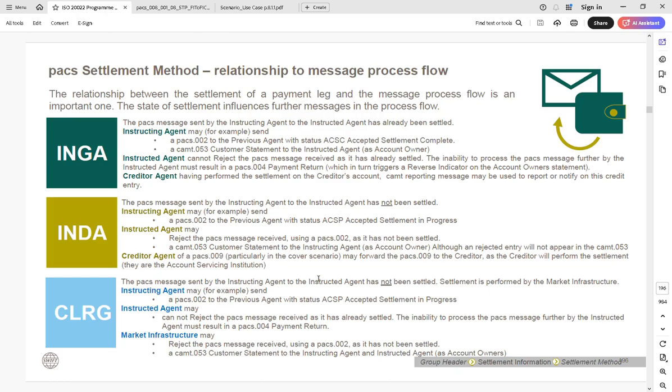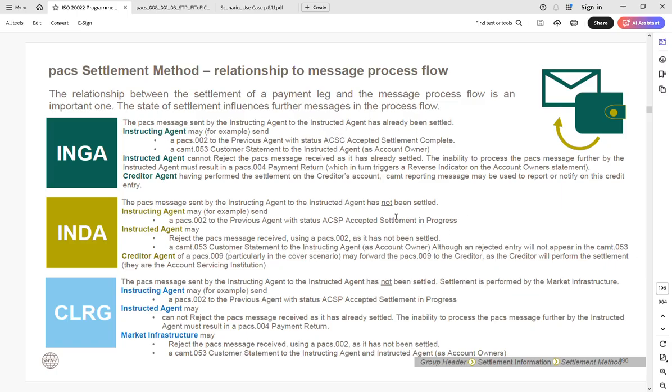The instructing agent, instructed agent and market infrastructure come into the picture in the clearing method, and typically clearing is done by a market infrastructure. At that time we are going to introduce clearing. By the way, this is not in the scope of CBPR now, which is why you cannot see clearing messages anywhere in your messages. Okay.